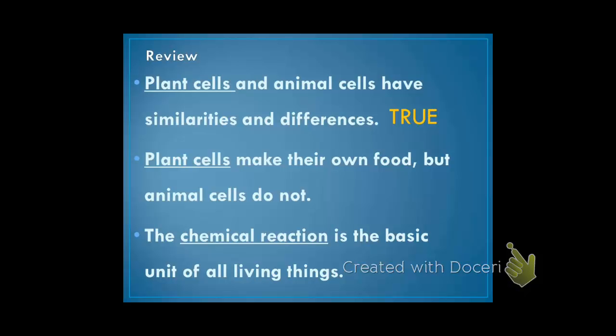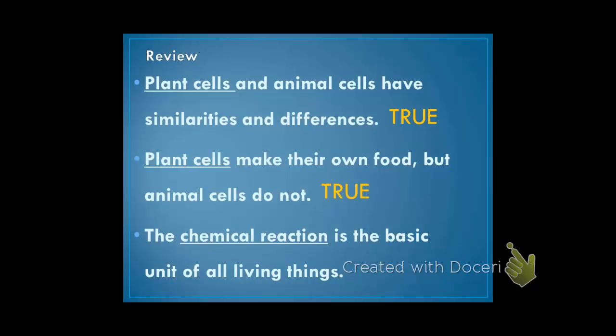Next statement. Plant cells make their own food, but animal cells do not. True or false? Liz? True. That is true. Plant cells do make their own food, and where do they make it? The sun? No, that's what they use to make it. That's kind of one of the ingredients. They make it inside a certain part of the cell that we've already mentioned.